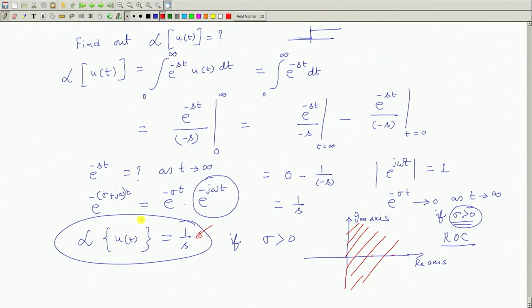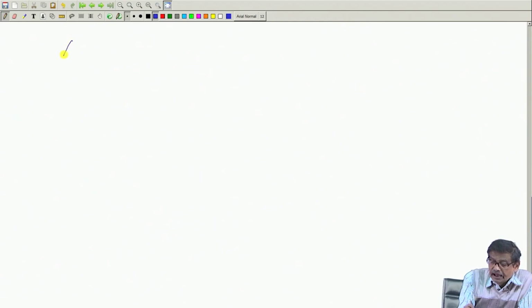Similarly, let us take another Laplace transform, say, the Laplace transform of a shifted function. Suppose I want to take the Laplace transform of u(t minus a).